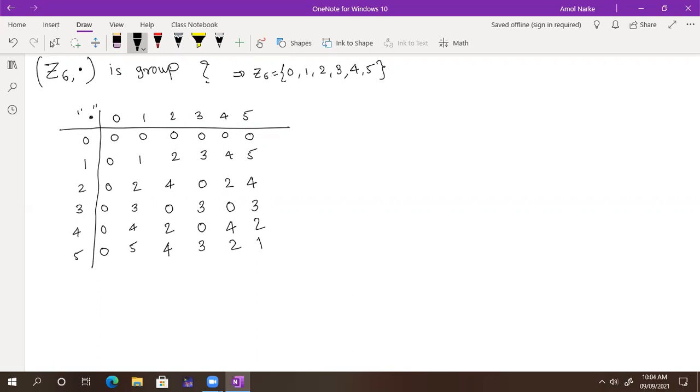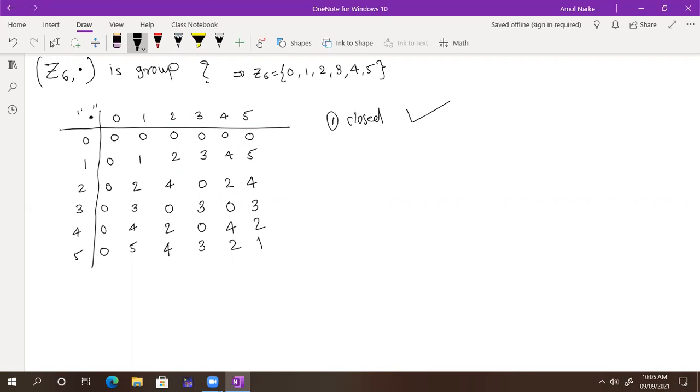We need to check whether in that 6 by 6 table, in those 36 elements, we have any number which is not a part of Z6. No, sir, every number belongs to Z6. So all numbers belong to the set itself. So the first one is closed. Yes or no?